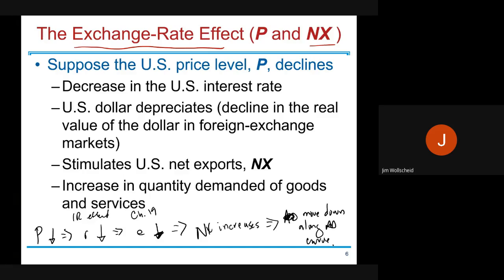So the exchange rate effect works as prices fall. Well, we know from the interest rate effect that interest rates fall. So when prices fall, interest rates fall. When interest rates fall, exchange rates fall, causing net exports to increase, which causes us to move down along the curve. We have this aggregate demand curve, and now as prices fall, we move down the curve. So we should expect Y to increase.